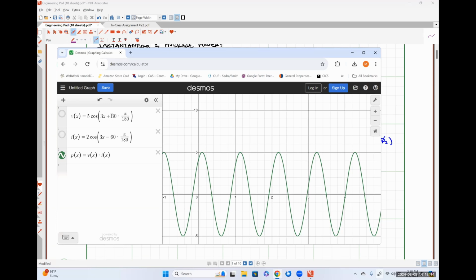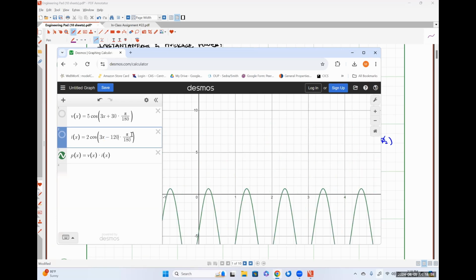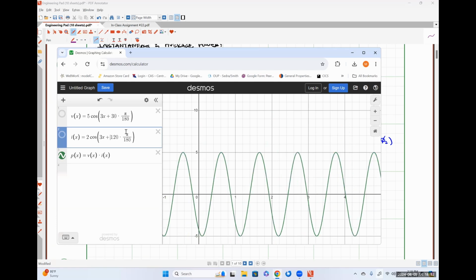Yep, so the voltage lags the current by exactly 90 degrees, or another way to put that would be the current leads the voltage by 90 degrees. So I'm going to change this from negative 60, which was lagging by 90 degrees, to positive 120, which is leading. Ooh, that is a minus sign still, plus 120. There we go. So now our current is leading our voltage by 90 degrees.